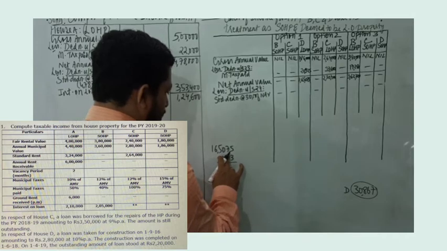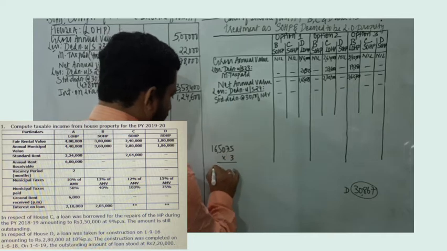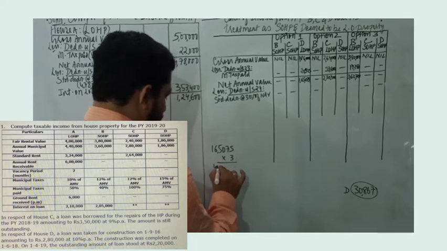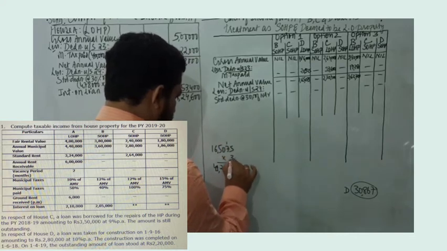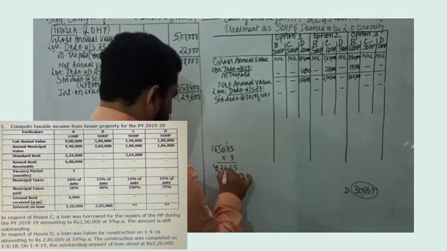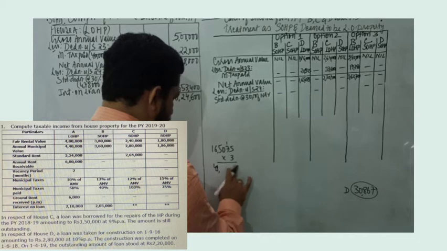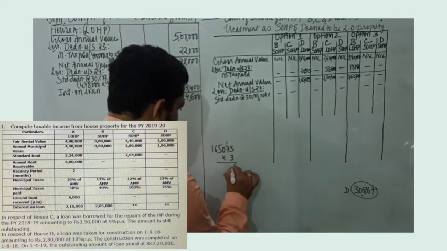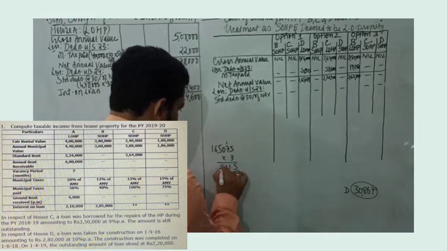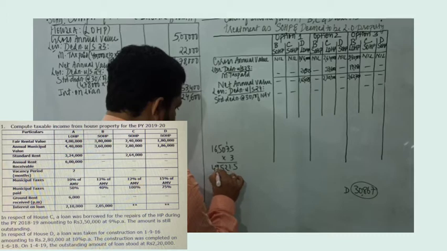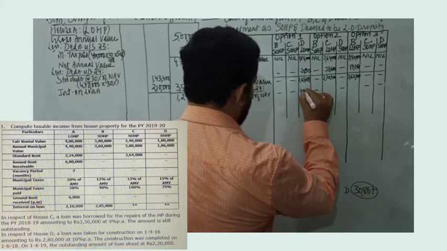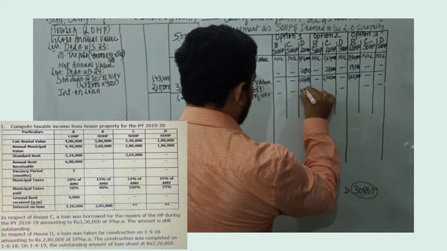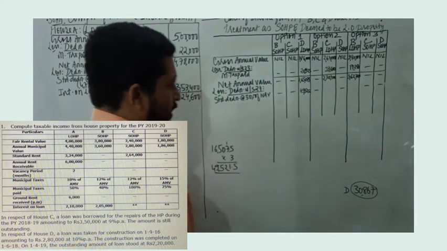That gives 49,521.5. I'll take it to the next number and approximate it as 49,522.